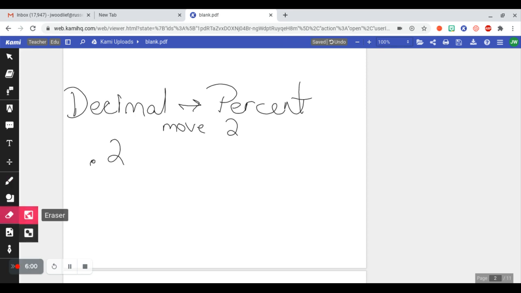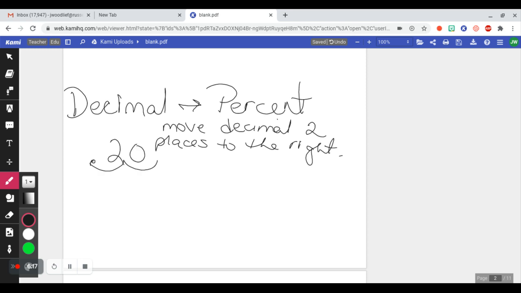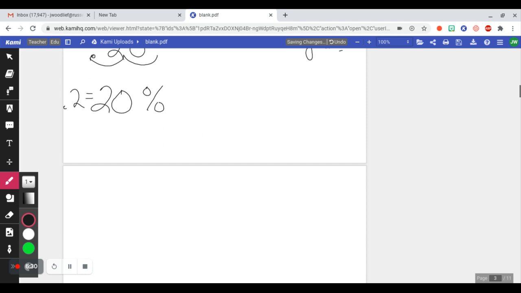Oops, I forgot to write decimal there. Okay, so here we go. 1, 2. That means I have to add a 0. And because I moved it 2 places to the right, I've got to pick up the percent sign. Okay, so 0.2 is the same as 20%.